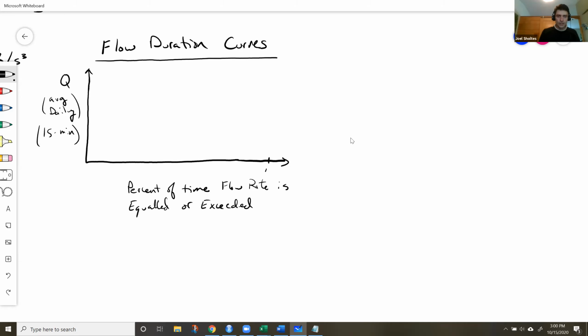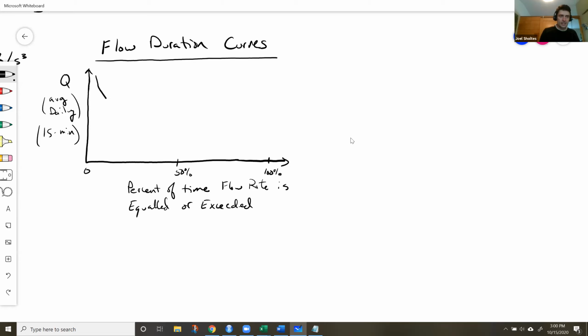So over here we'll have 100%, we'll have 0% over here, and then 50% over here. Sometimes these are plotted on logarithmic axes, and sometimes on just arithmetic axes. It just changes the way it looks.